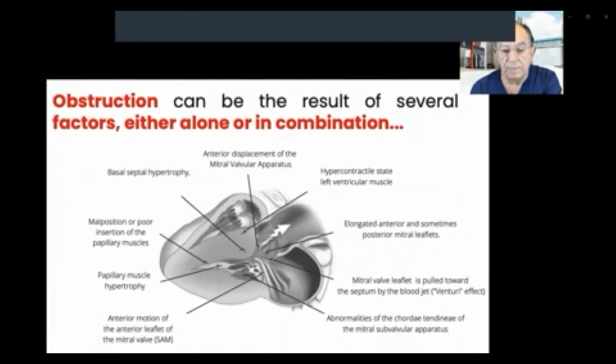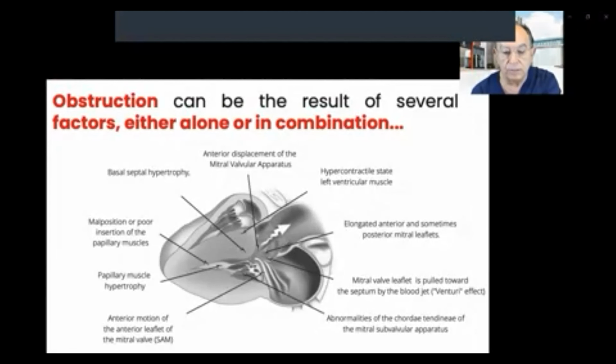The mechanisms and factors that can produce obstruction in patients with hypertrophic cardiomyopathy are very different. Right now we understand the most frequent cause of obstruction is the hypertrophy in the septal and basal segment, producing obstruction of the outflow tract during systole.